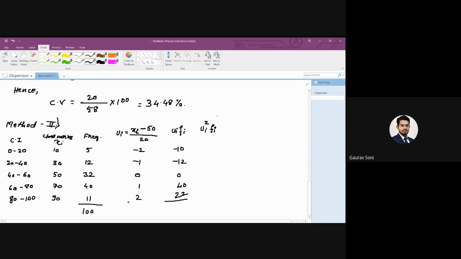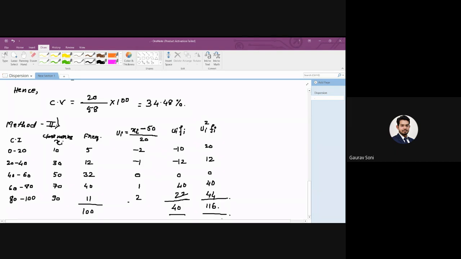Then ui square fi: 20, 12, 0, 40, and 44. The summation of uifi is 40. The summation of ui square fi is 176.